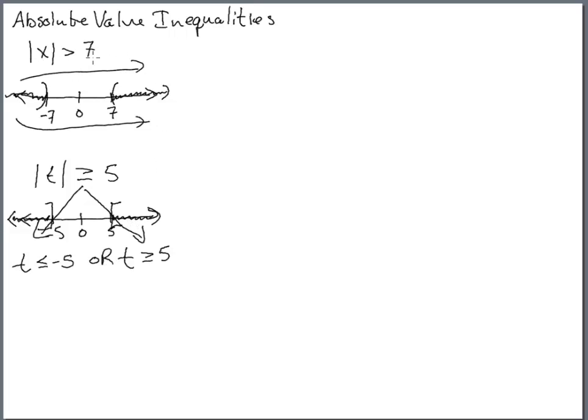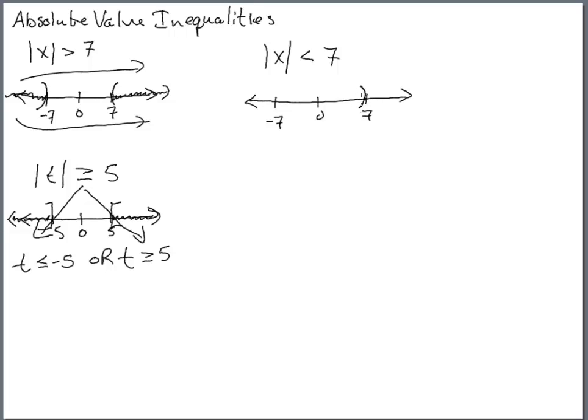Now I'm going to do these very similar over here. We're going to have absolute value of x is less than 7. See how that changed when we went from a greater than to a less than symbol. Now the numbers that'll work, if here's 0 and there's 7 and there's -7, less than 7 usually starts like this.